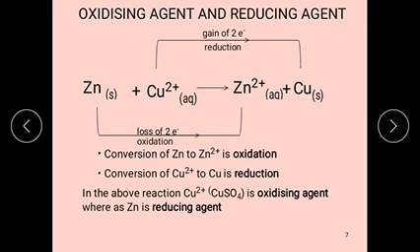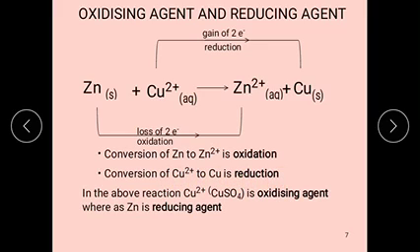Or one more concept: the process of decreasing the oxidation number of an element is called a reduction reaction. Here the conversion of zinc to zinc plus 2 is oxidation, and the conversion of copper plus 2 to copper is reduction.